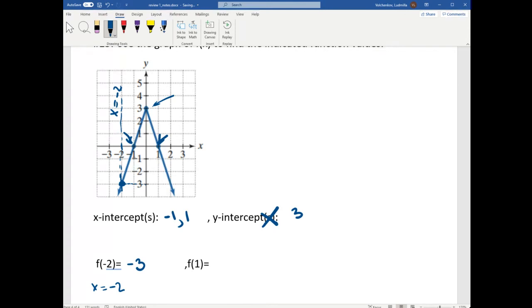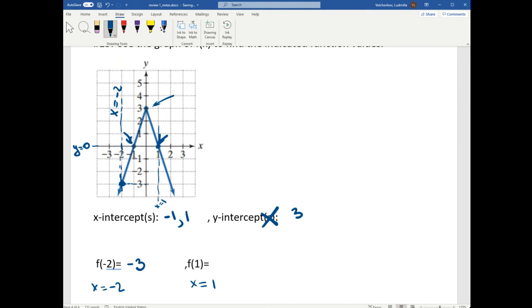The second question, f of 1. So we need to locate on the graph the point when x equals 1. On this line, x equals 1, and it crosses the graph at a point on the x-axis. On the x-axis, all y values are equal to 0.